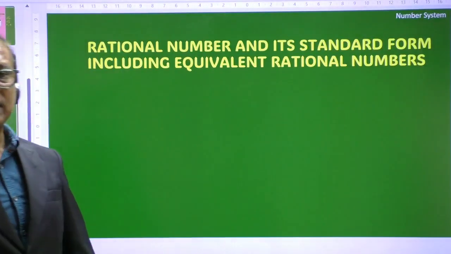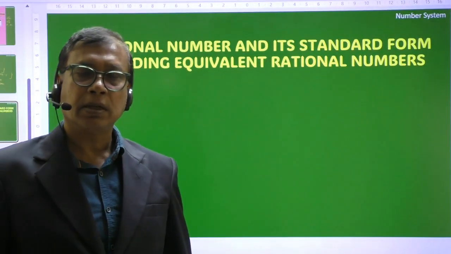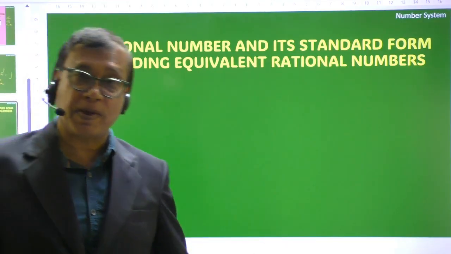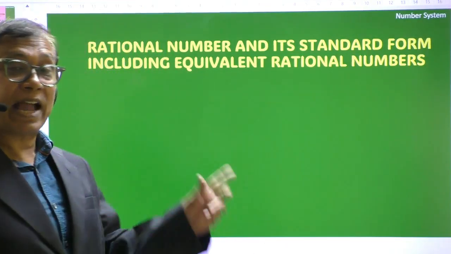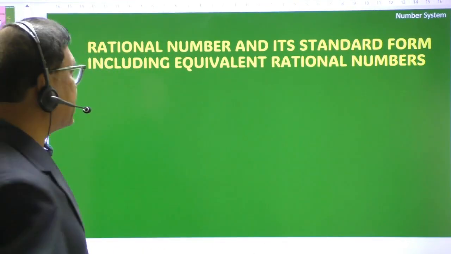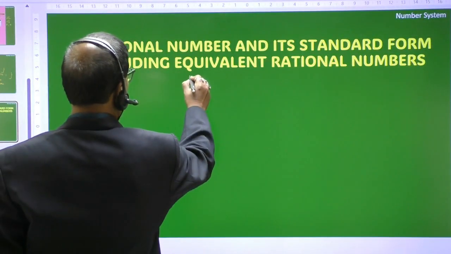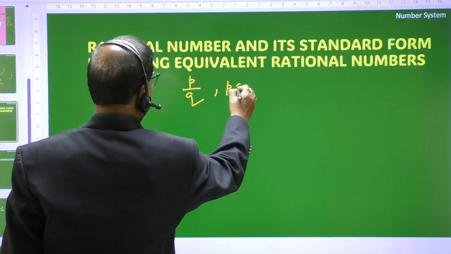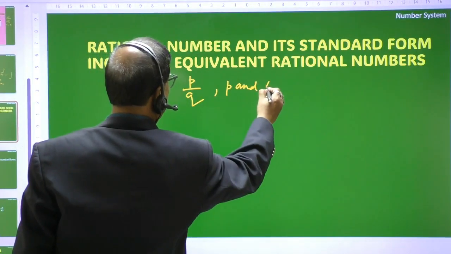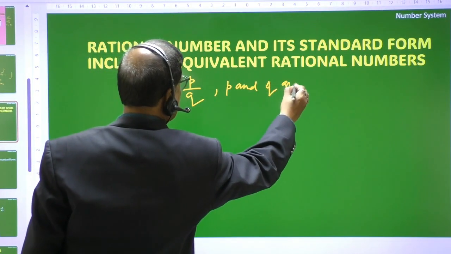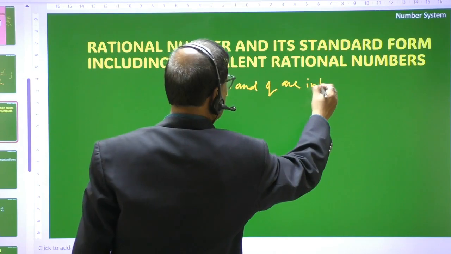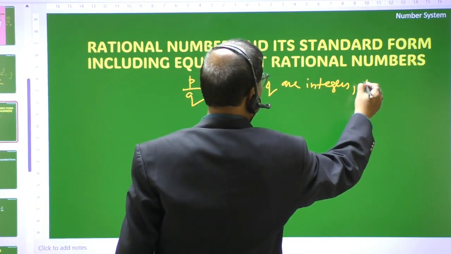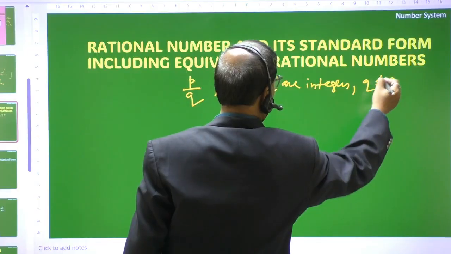So what is a rational number? A number which can be expressed in the form of P by Q, where P and Q are integers and Q not equal to 0.